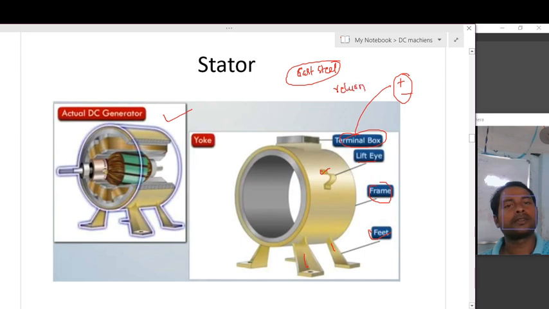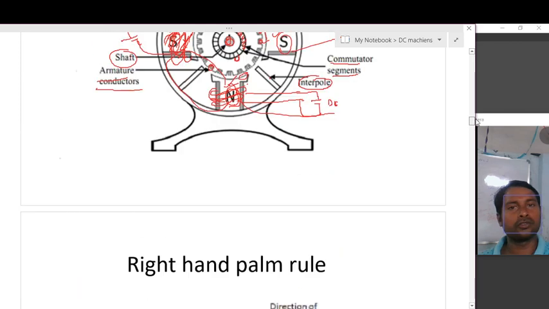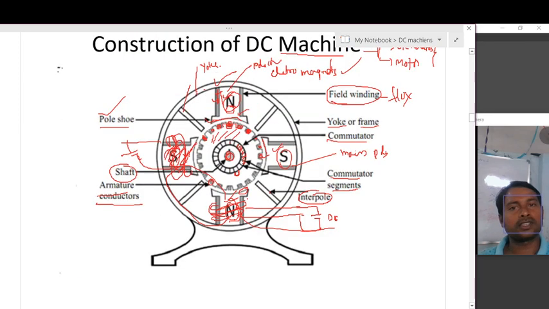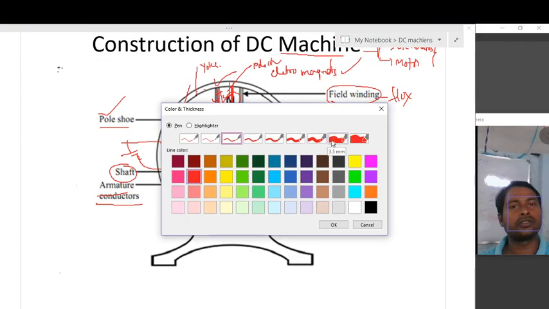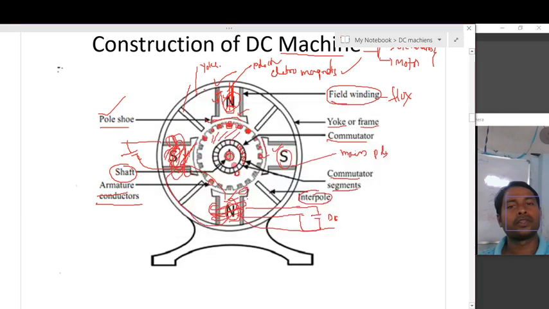We know that flux always flows from north to south like this.